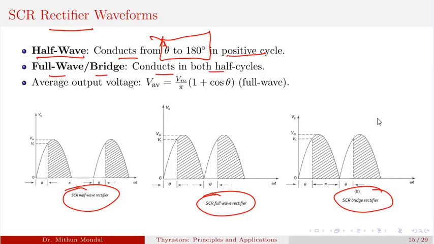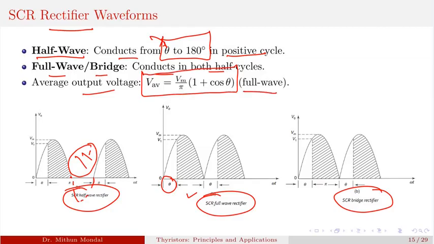You can see that the negative half cycle is not there for the half wave, so one half is lost in the half wave rectifier. In the full wave rectifier, both half cycles of the AC wave are rectified with a control operation using theta, which is controlled with the help of the gate signal, and the average output voltage is given by Vm by pi, 1 plus cos theta, in the case of full wave.